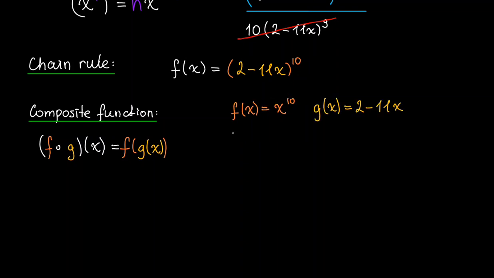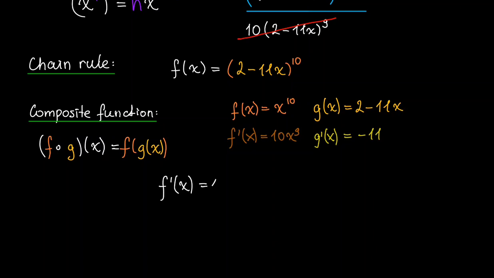Here, differentiating f of x seems simple enough. It is just 10x to the power of 9. However, here we also need to differentiate the function inside, which is g of x. And here its derivative would simply be negative 11. Once we have all the derivatives, we can formulate the derivative expression for the original f.